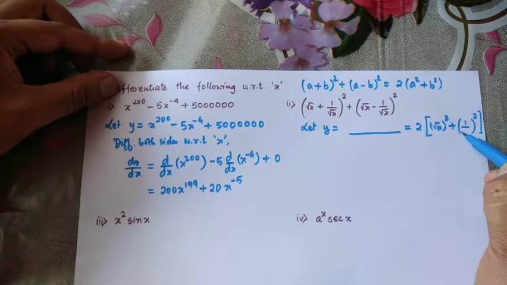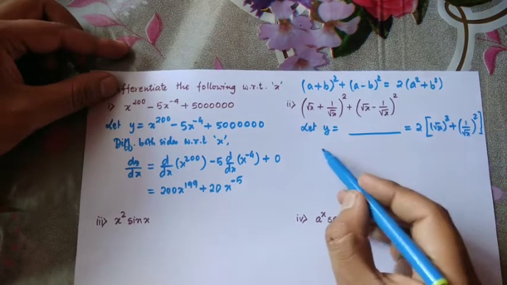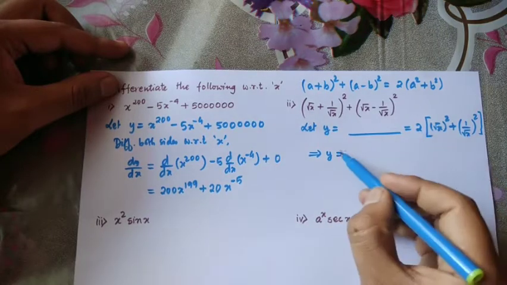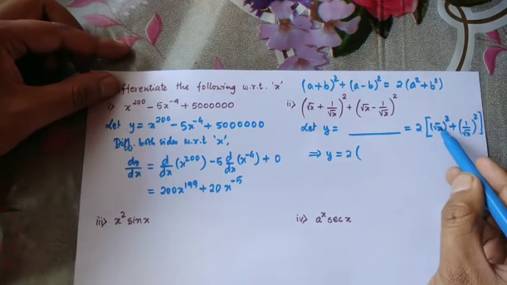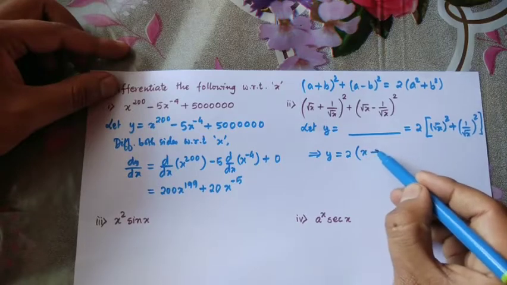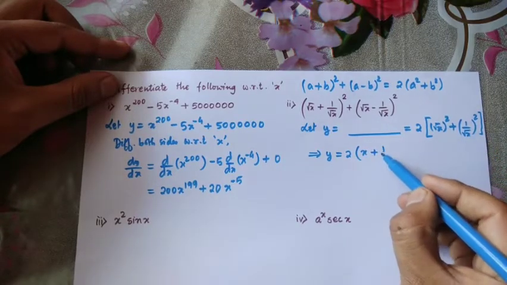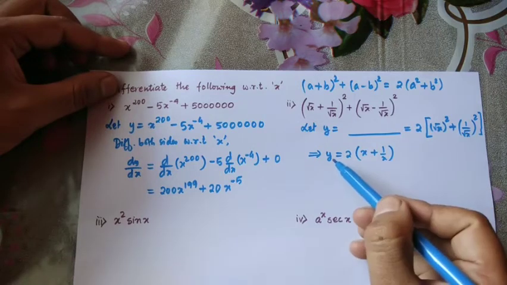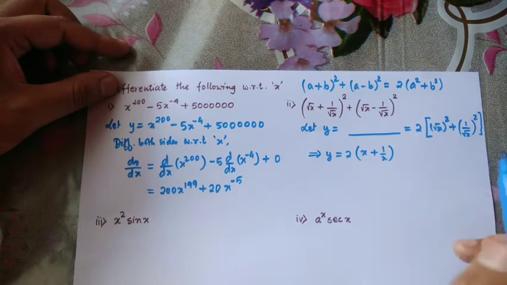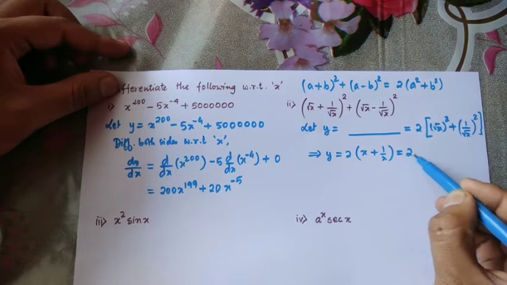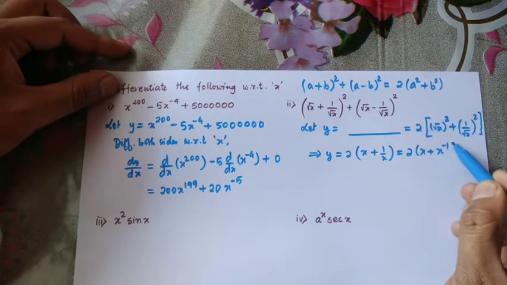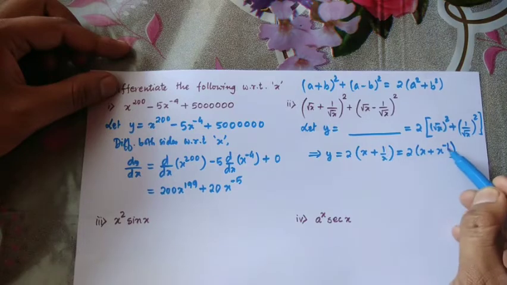So from here I am getting y equals 2 into root x squared is x, plus this is 1 by x. So this is my y. Now let me differentiate this one. I can further simplify this and write it as x plus x to the power minus 1, because 1 by x can be written as x to the power minus 1.